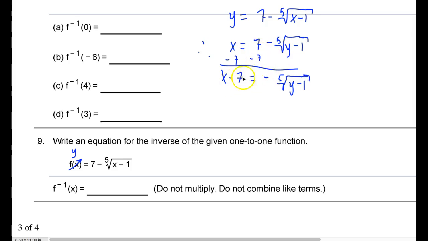If we multiply both sides by a negative 1 here, or divide both sides by a negative 1, then that would make this negative x plus 7, and that would be the 5th root of y minus 1. Let's make that 5 look a little better. And so now from here, we'll turn this around as 7 minus x.